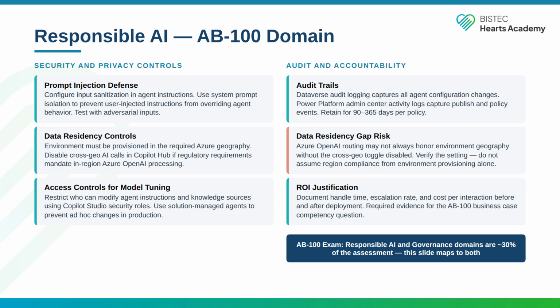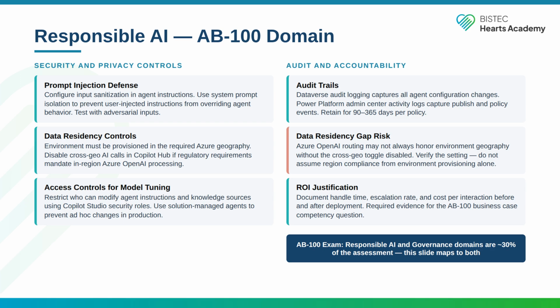Data residency controls require 2 independent configuration actions, not 1. The environment must be provisioned in the required Azure geography, and the cross-geo AI calls toggle in Copilot Hub must be explicitly disabled. Environment geography controls where Dataverse data is stored. The cross-geo toggle controls where the Azure OpenAI generative AI processing occurs.